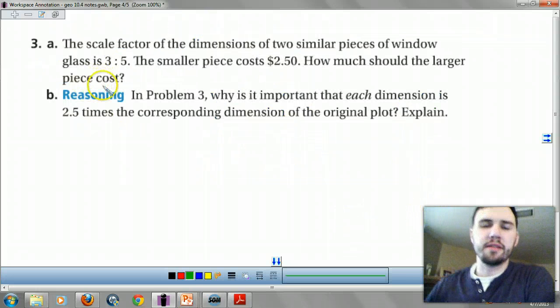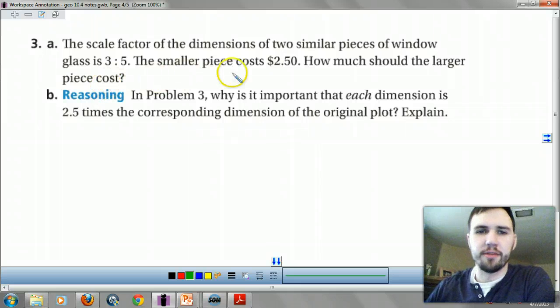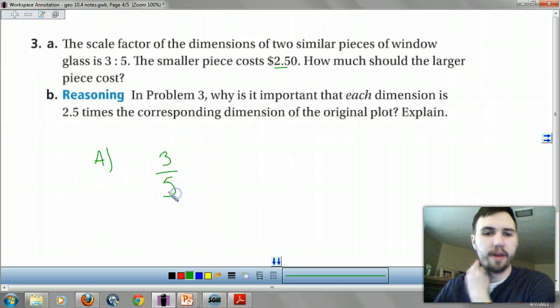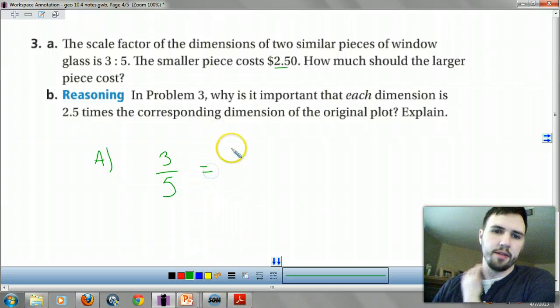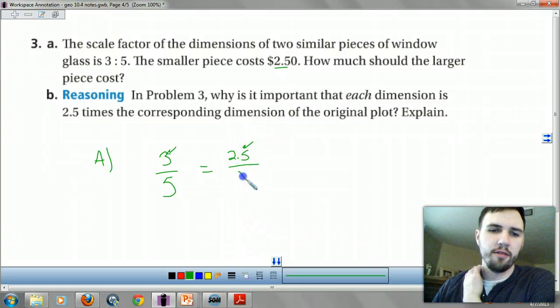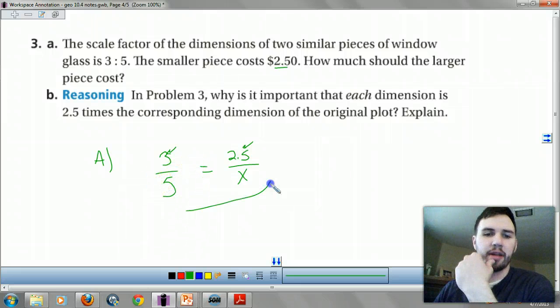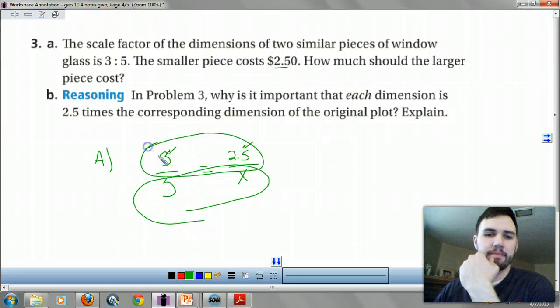Okay, here we go. So now you have two pieces of window glass with a 3 to 5 ratio. The smaller one costs $2.50. How much should the larger cost? Well, we have a 3 over 5 ratio, right? The smaller piece I'm going to put on top, it's 2.5. We're looking for the larger. Again, guys, this is ratios. I have my larger on the bottom, smaller on the top.